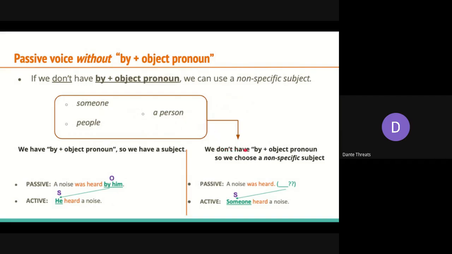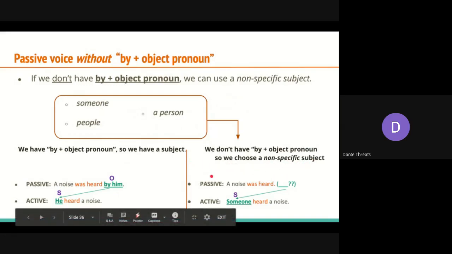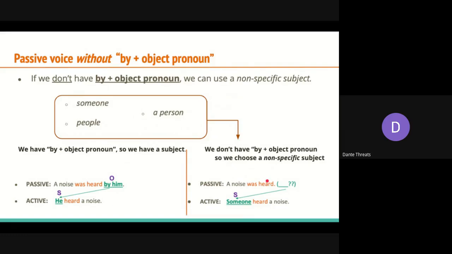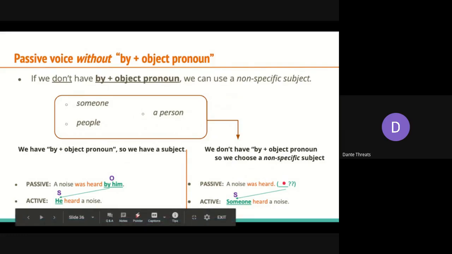We don't have by plus object pronoun, so we choose a non-specific subject. In the passive voice, we would say a noise was heard by someone. Or someone heard a noise.